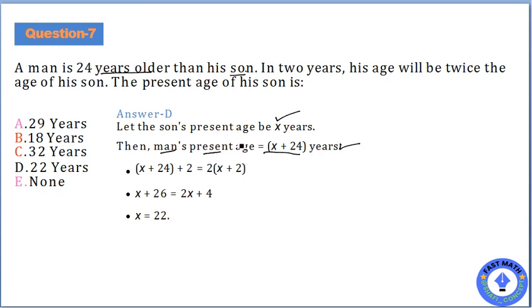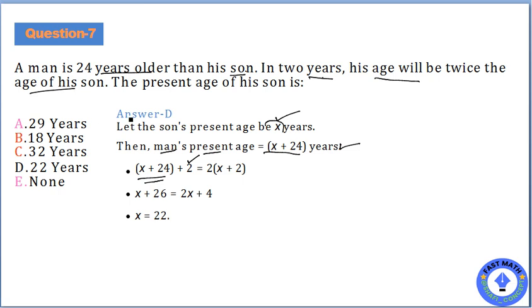As per the formula, in 2 years means after 2 years, the man's age becomes x plus 24 plus 2, which will be twice the age of the son.